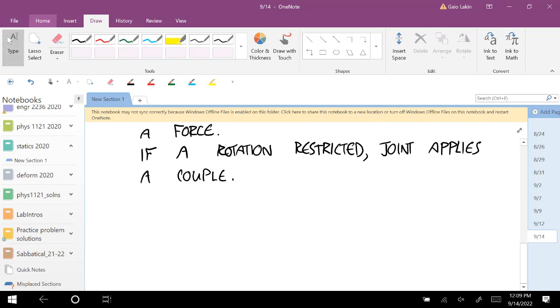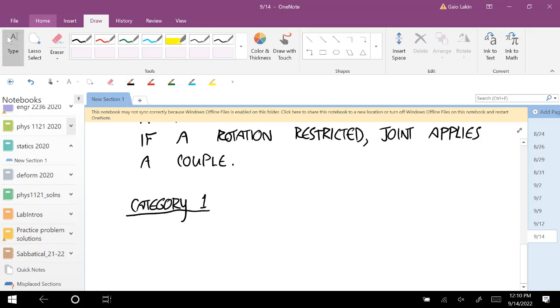Okay, so joint category 1. Just like in 2D, these are the ones that apply a force with a known direction. Known direction.